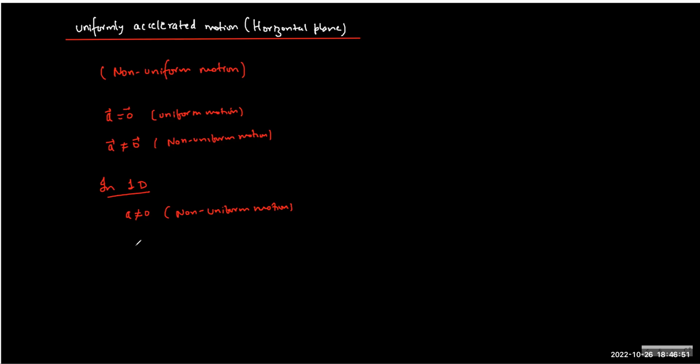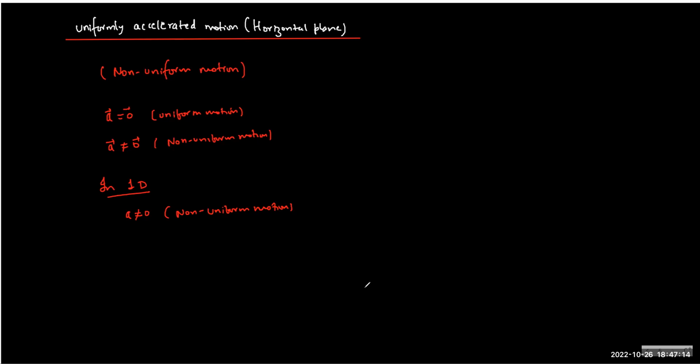Now, most of the one dimension accelerated motion we are going to solve by the graphical method. So today we are going to solve those questions which we generally solve by the mathematical method or analytical method. All the challenging questions that you will see, we can easily solve using the graphical method. So we'll see the graphical method later on.